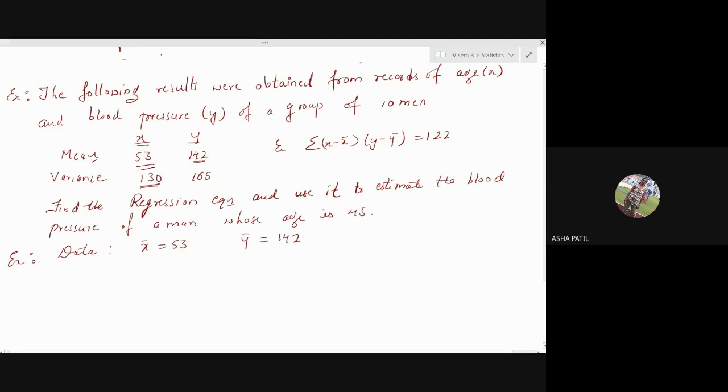Have you heard of variance or not? What's the relationship between variance and standard deviation?